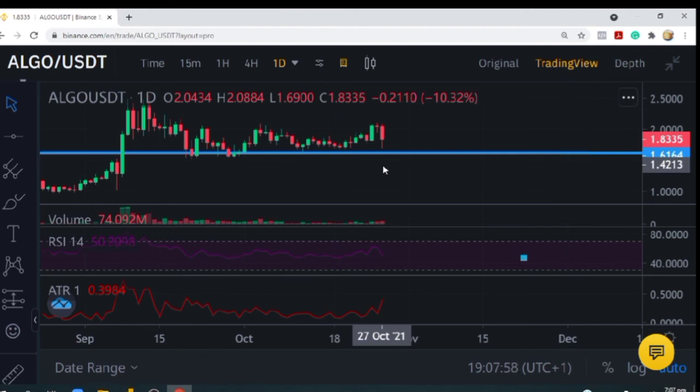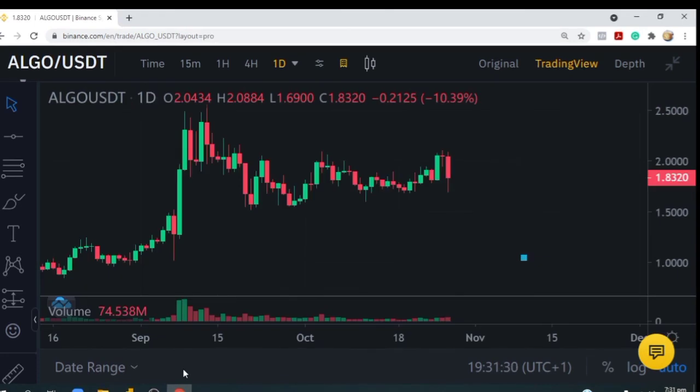So you don't want to set your stop loss very close to your entry price, and also you don't want to set it too far from your entry point so that you don't lose a lot of money. And that is how to use the ATR to know where to set your stop.